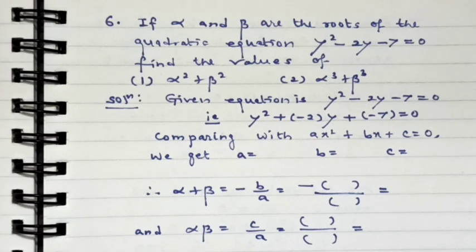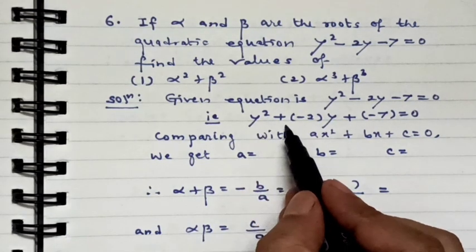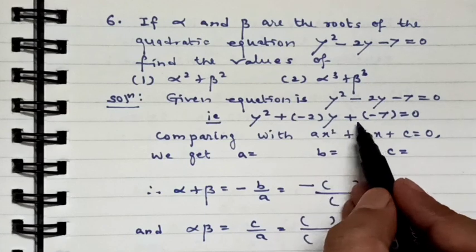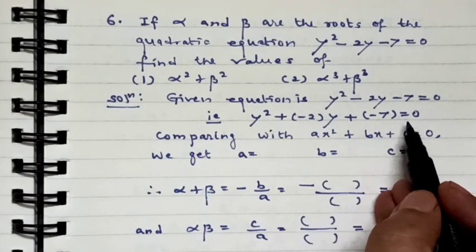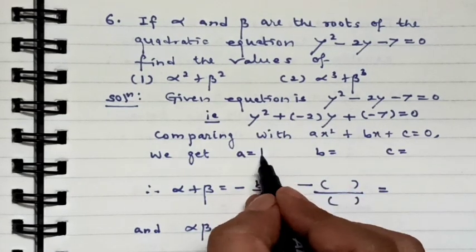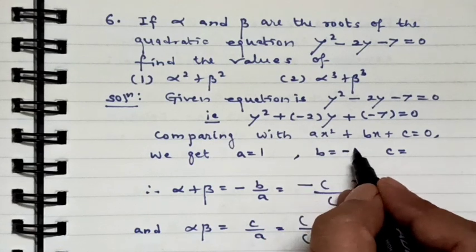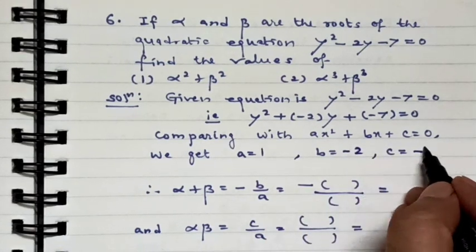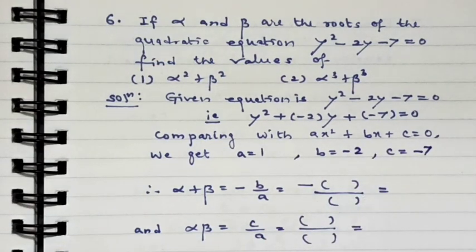Now given equation is y square minus 2y minus 7 is equal to 0. Write the standard form. Y square plus minus 2y plus minus 7 is equal to 0. A is 1, b is minus 2 and c is minus 7. Now find out alpha plus beta.